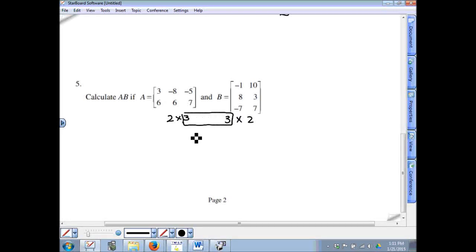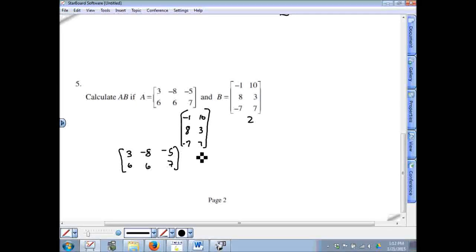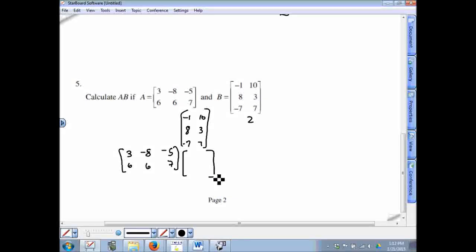These inner dimensions here are the same, so that means the multiplication is possible, and it's going to result in a 2 by 2 matrix. This is where our 2 by 2 matrix is going to come.